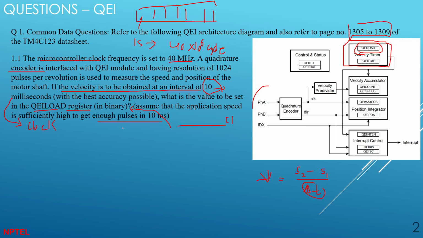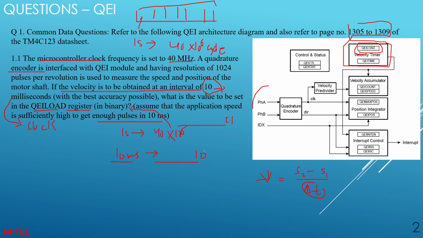Suppose in 1 second it is doing 40 into 10 to the power 6 clock cycles. What will it do in 10 millisecond? How many clock cycles will it consume? That is what they wanted. So just multiply.